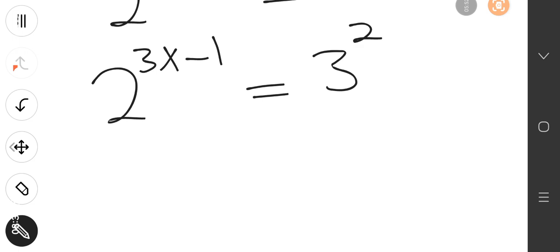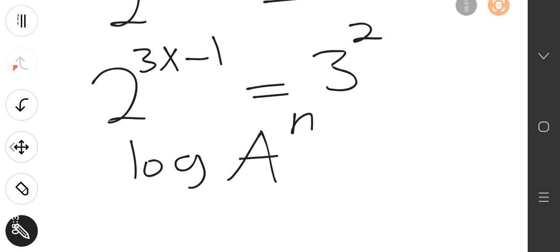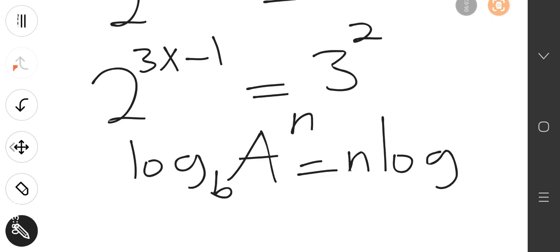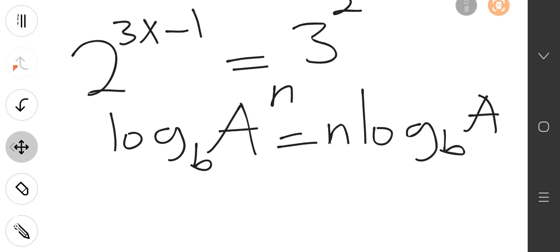Now we're going to apply the logarithm definition. So if you have log a exponent n with a base of b, this is the same as n log a with a base of b. Now let's apply this to our equation.